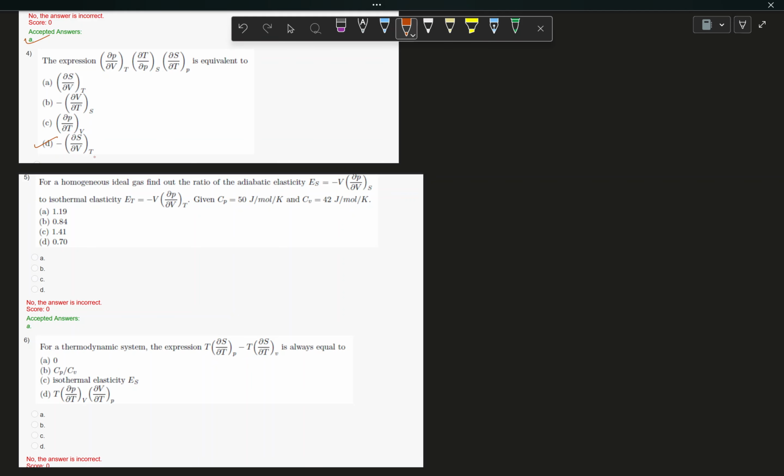Then question number 5 is that for a homogeneous ideal gas, find out the ratio of the adiabatic elasticity. ES, adiabatic means you have taken the entropy as constant, that is S is constant, because dq equal to 0 is adiabatic, and dq equal to just TdS, right? So if dq equal to 0, then TdS will also be 0 and temperature cannot be 0. So dS is 0. That means S is constant.